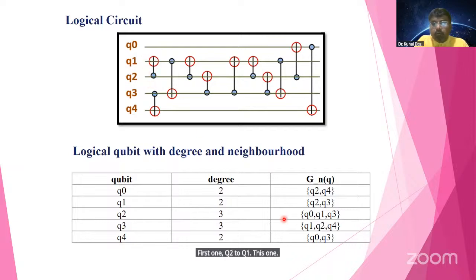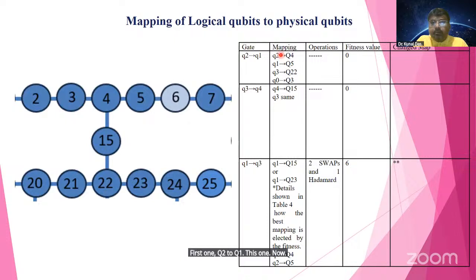Now in the initial mapping, I want to place Q2, with degree 3, and Q4, here is the Q4 in a physical qubit, which has degree 3. So then I choose Q2 directly mapped to Q4, and in that case the fitness value is 0.